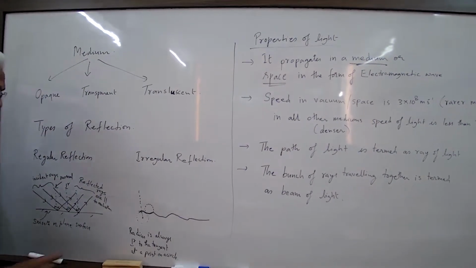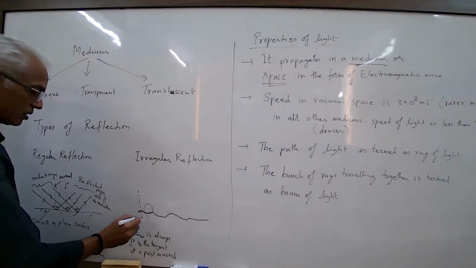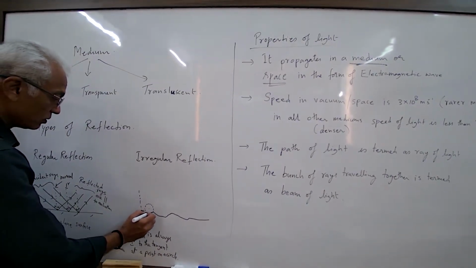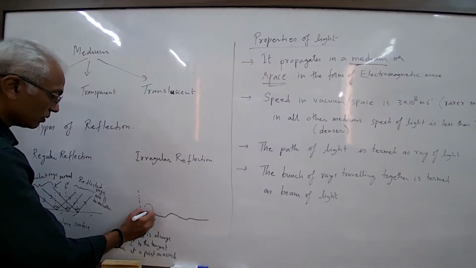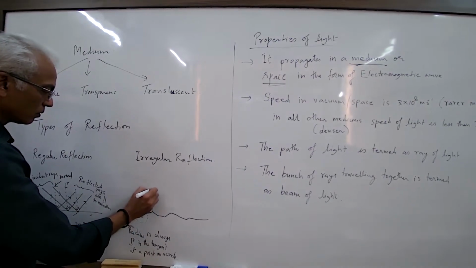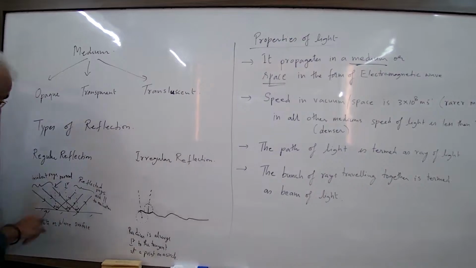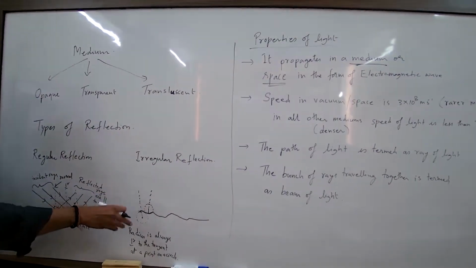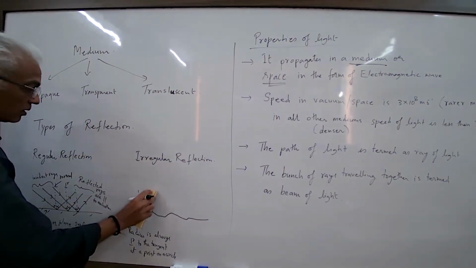Okay, so having understood this, where will be the normal to this now? The normal to this will be, say, in this direction. So are they parallel? In this case, the normals are not parallel to each other, right?